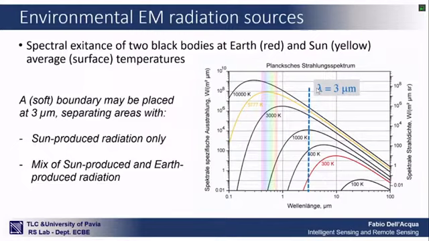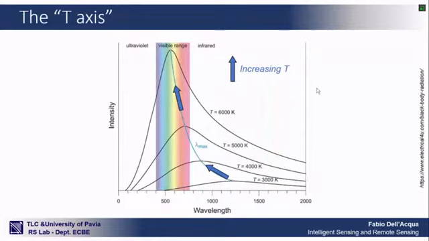Staying on the short path, when you look at this section of the electromagnetic spectrum, what you're looking at is the temperature of the object itself. Why? Because, as I said, when the temperature changes, the emission curve changes.